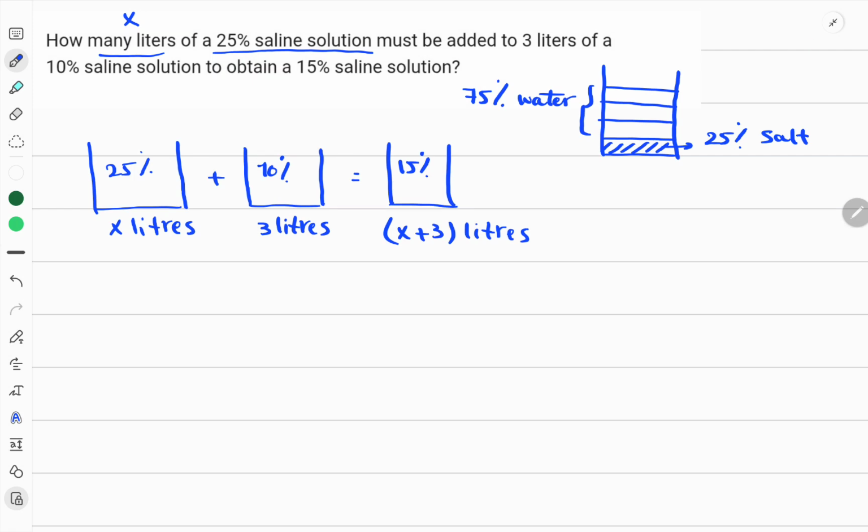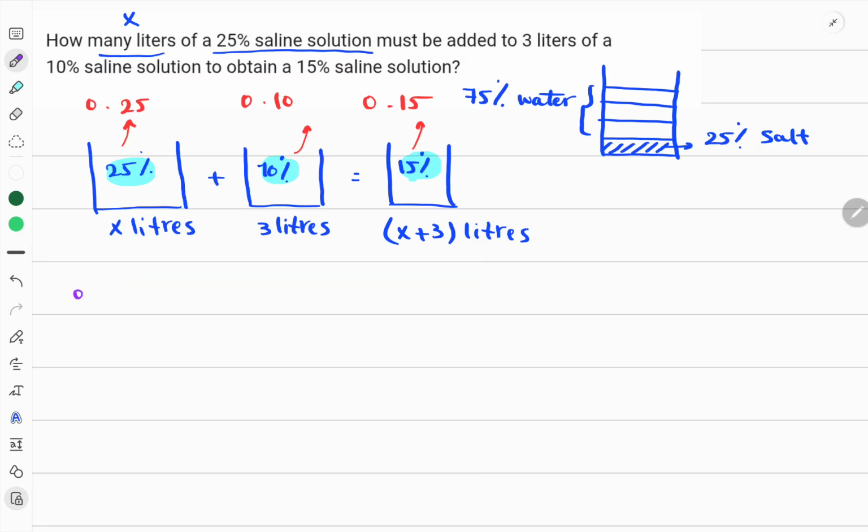And the next step is that we should represent percentage as decimal numbers. So instead of 25%, 10%, and 15%, we can write it in decimal form, 25 hundredths, 10 hundredths, and 15 hundredths. And now it's time for writing the equation using these numbers.